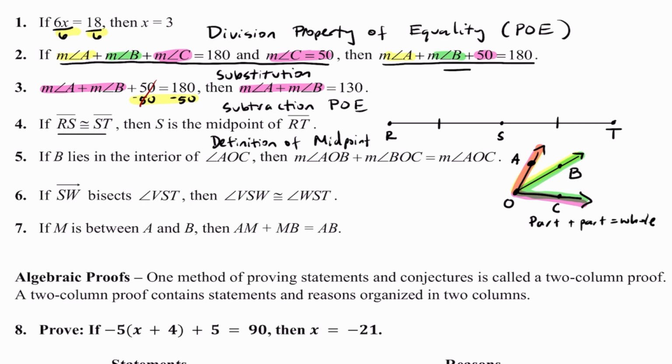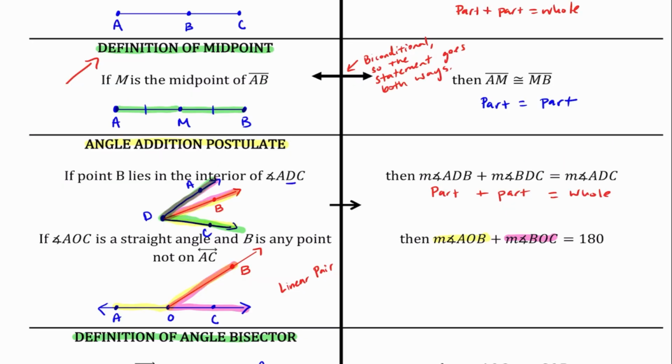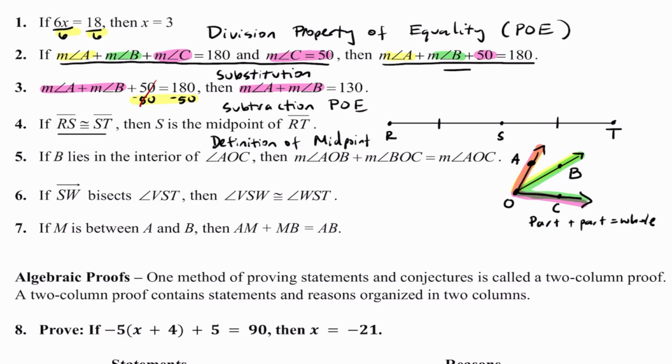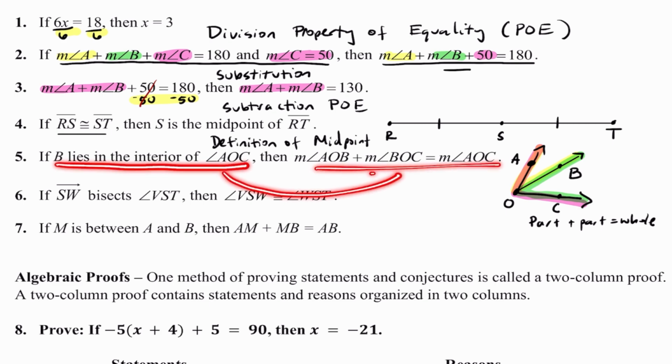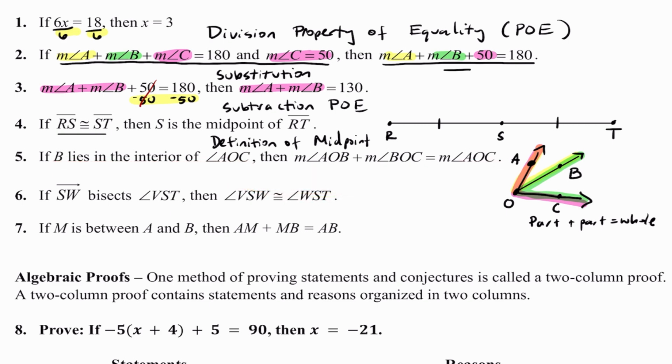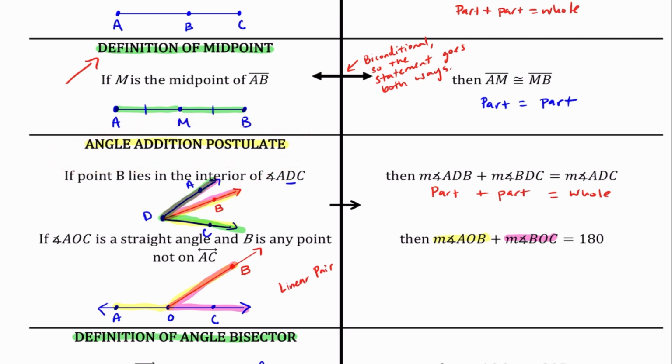So what do we say here? Again, we're dealing with angles. So if I'm looking at this particular pink sheet here, find the one that's appropriate. Which reason allows us to go from here to here? Well, that will be the angle addition postulate.